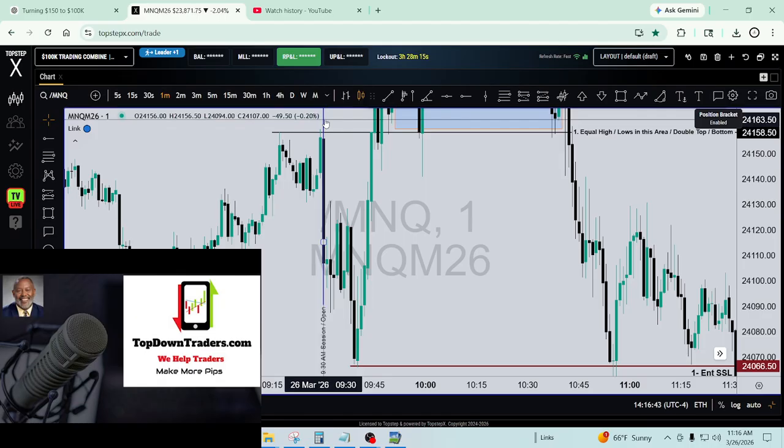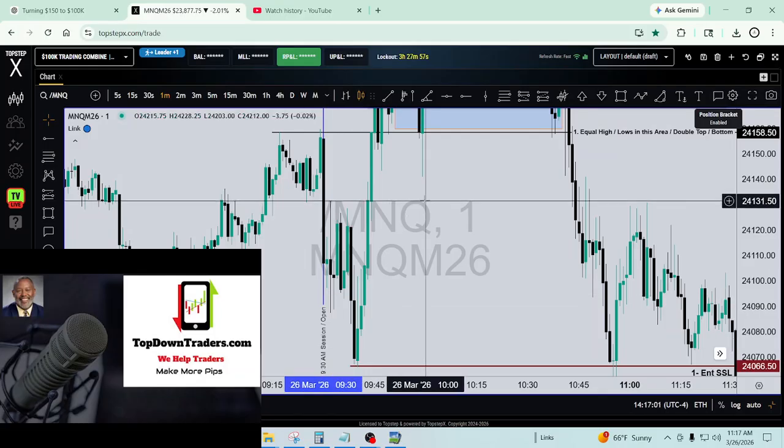And it typically moves first away from the direction it really intends on going to. I can say that a different way too. It opens first to run out the stops and take liquidity before the algorithm turns in a different direction.